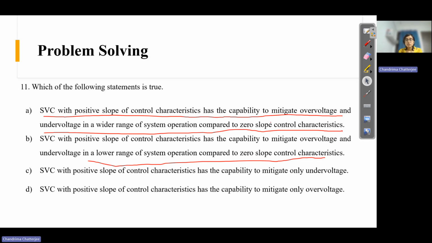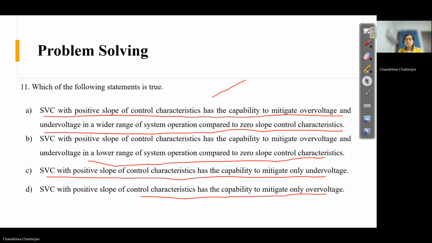The third option: SVC with positive slope has the capability to mitigate only undervoltage. And the last option: it has the capability to mitigate only overvoltage when the slope is positive.